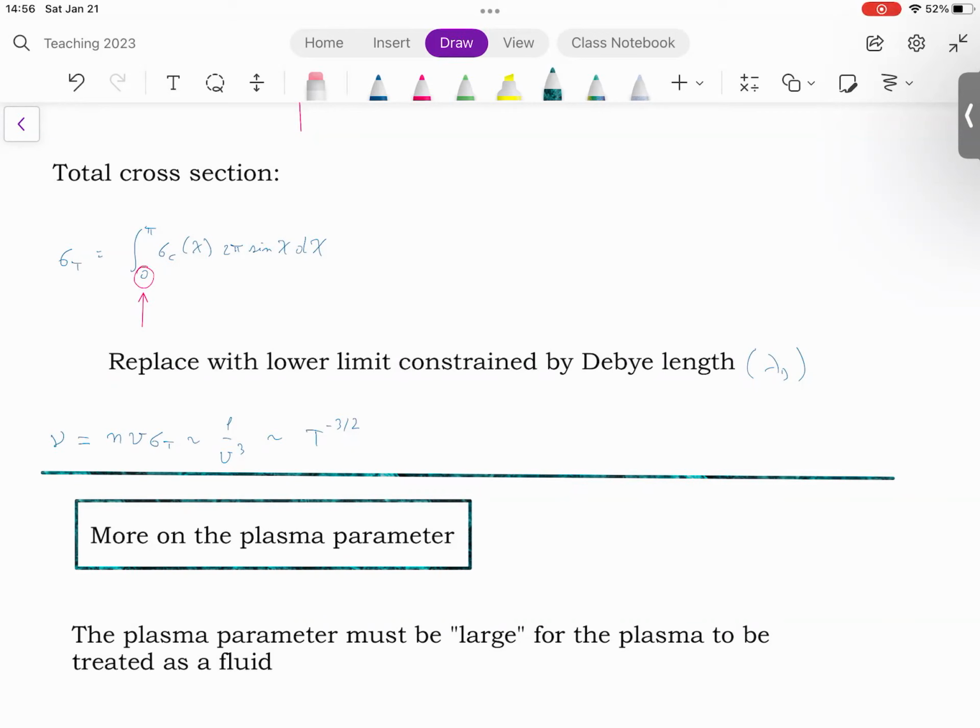On the other hand, if I have hundreds of millions of particles in my volume of interest, then that is a lot more meaningful. But that is all we're going to say about that part.